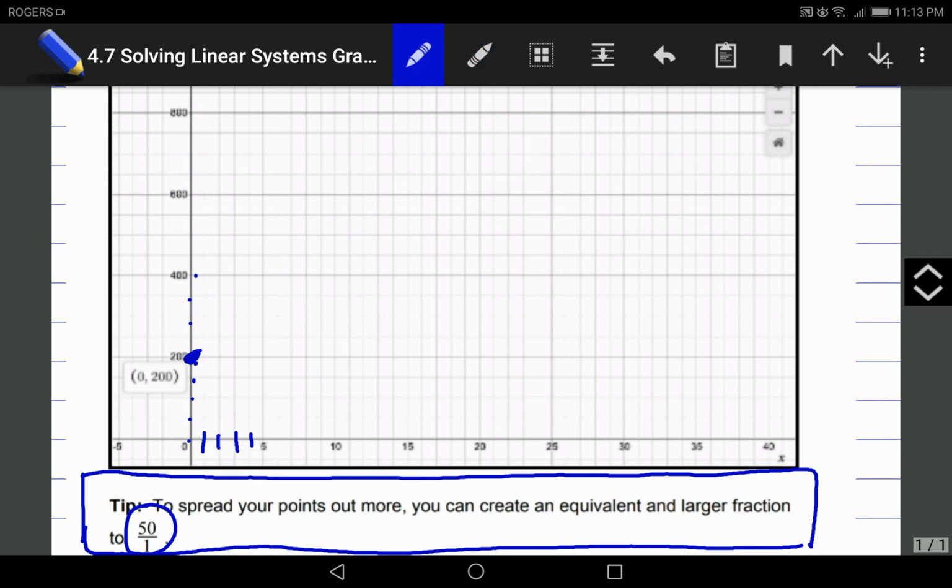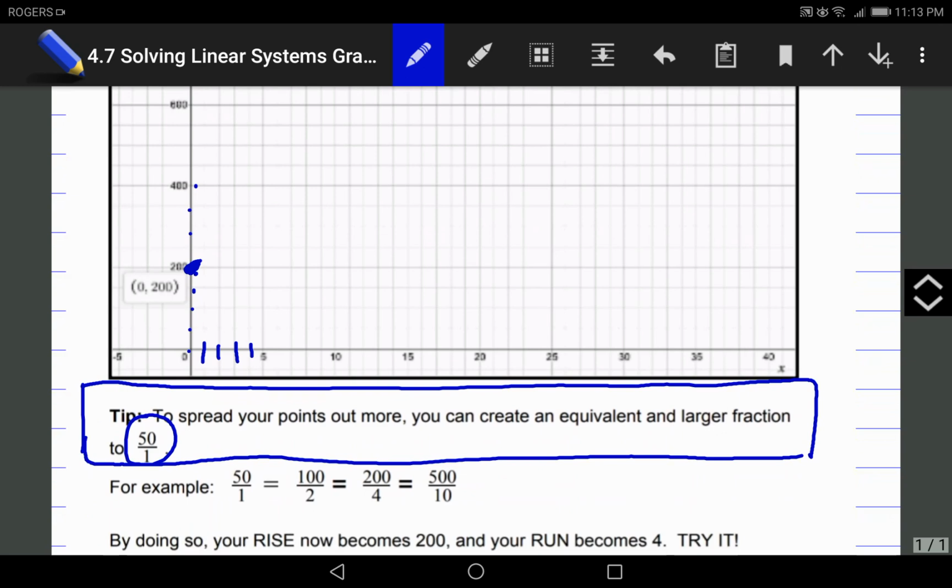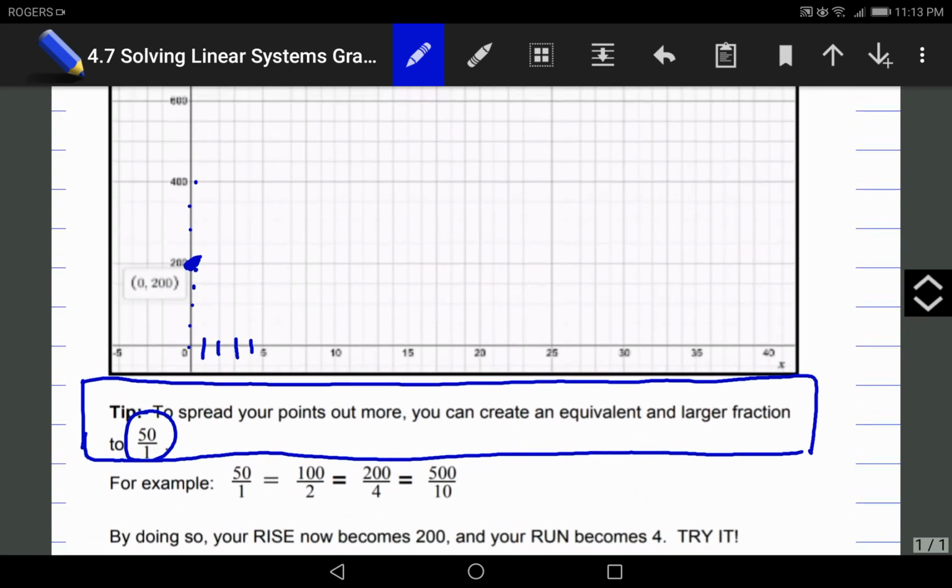So how can you change 50 over 1 to be a larger fraction, but still an equivalent fraction? Well, you can take your numerator and multiply it by a number. In this case, I went from 50 to 100, so I multiplied by 2. And as long as you do that to the denominator as well, whatever you did to the numerator, you do to the denominator, you've created an equivalent fraction that is larger than the original.